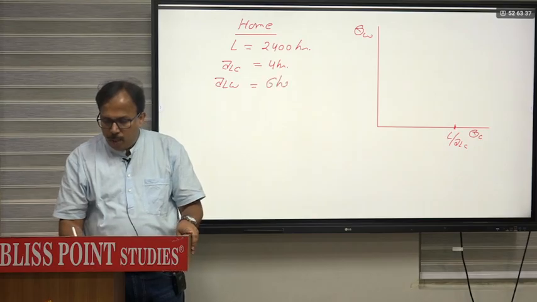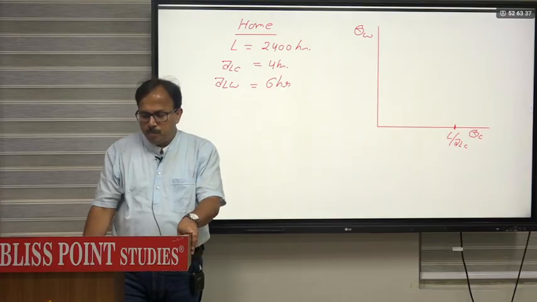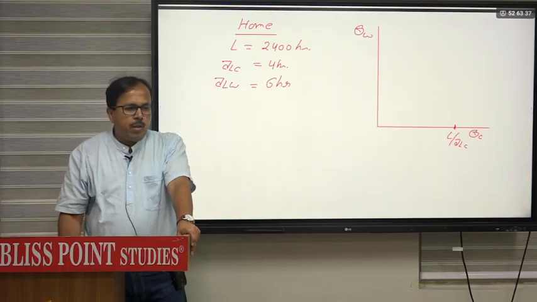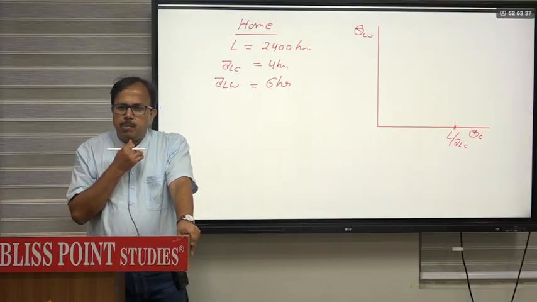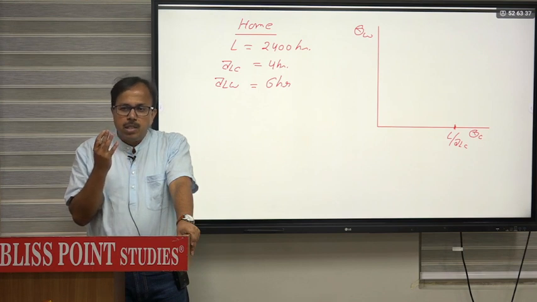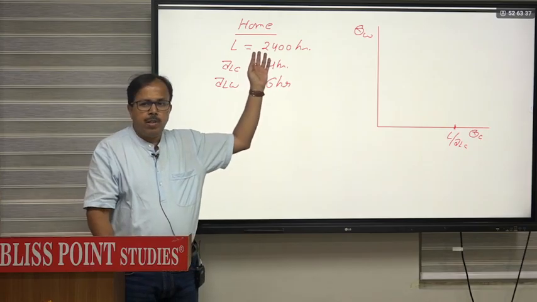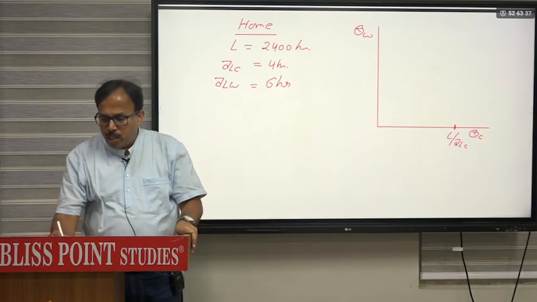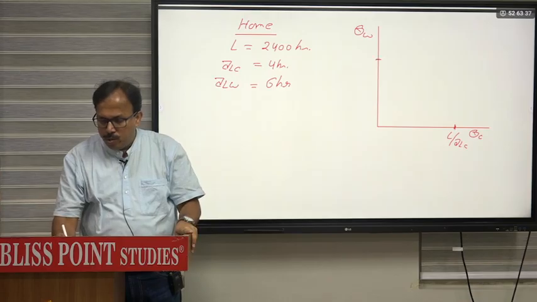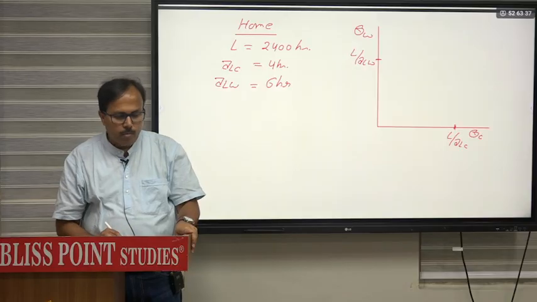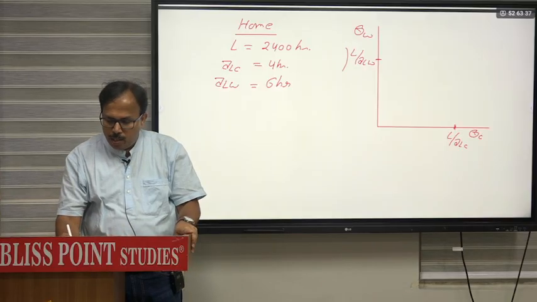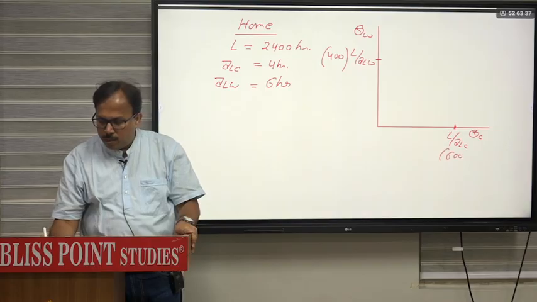So if that number is 6 hours, it means it will take 6 hours to produce 1 unit of wine in the home country. So with 2400 hours, you can produce a maximum of 400 units. So that will be L upon ALW. Okay, this number is 400 here, this number is 600.